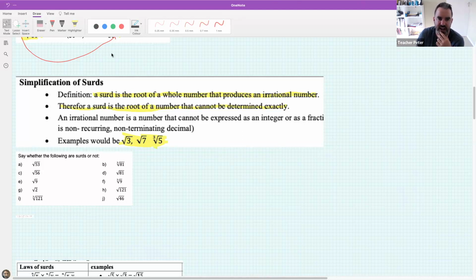So I'm looking at the chat to see, are we getting messy or are we getting neat?